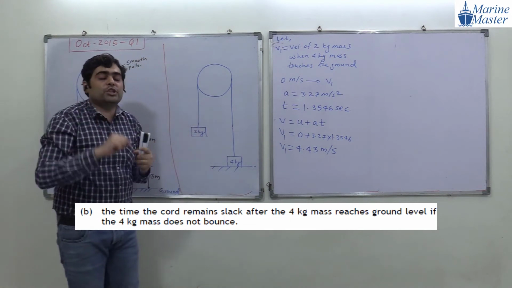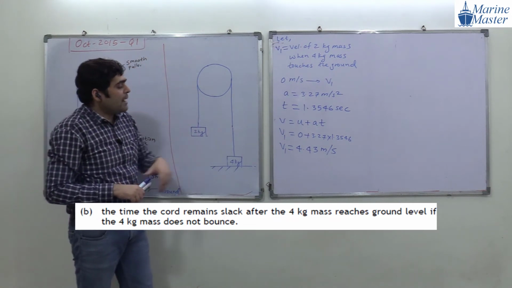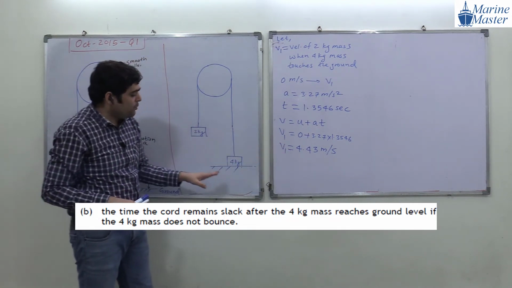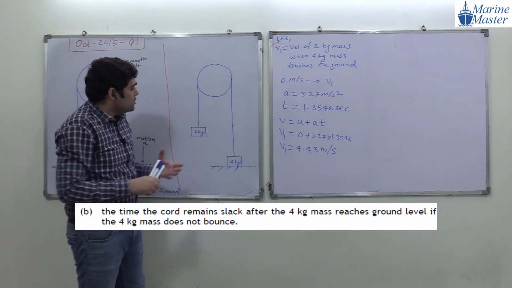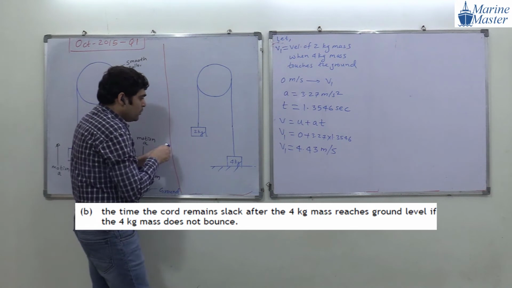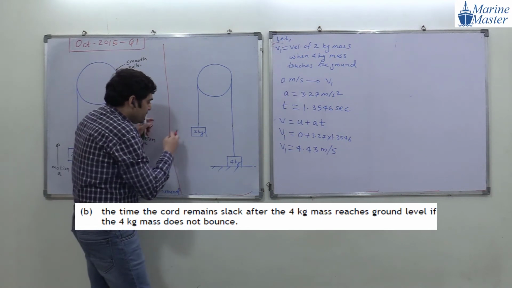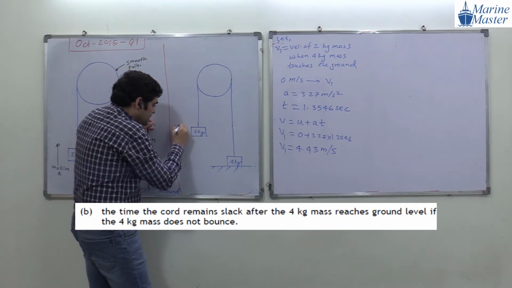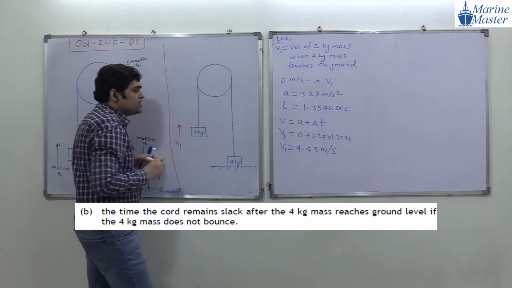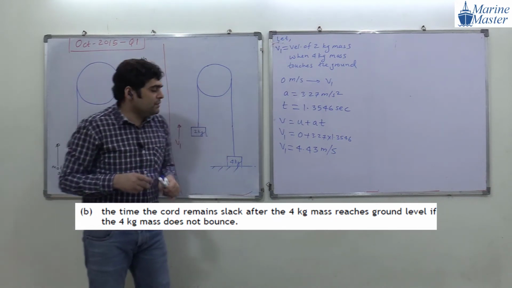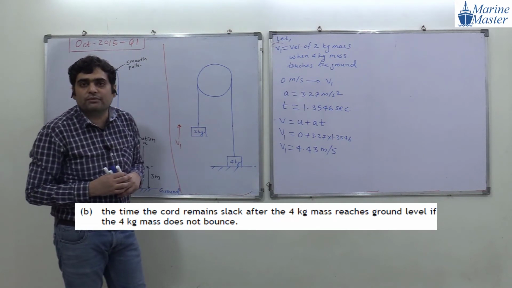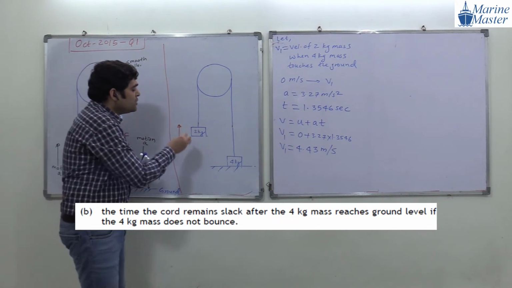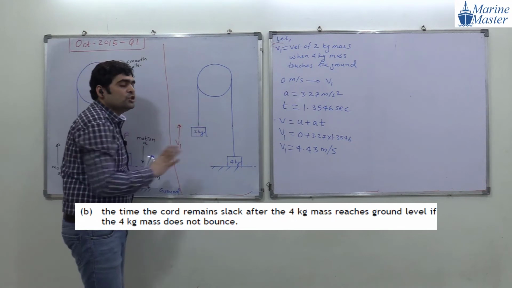But during that motion, what will happen? After achieving this velocity, the 4 kg mass's role gets finished. So there will be some velocity here. What is that velocity? V1. This v1 velocity will not allow this 2 kg mass to stay at this position only.